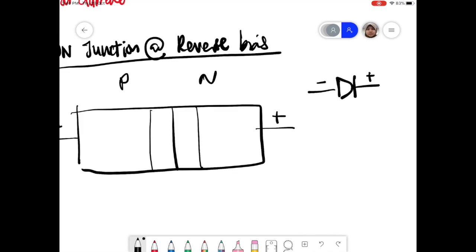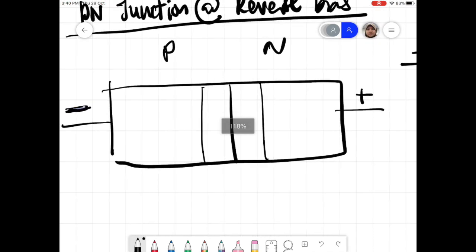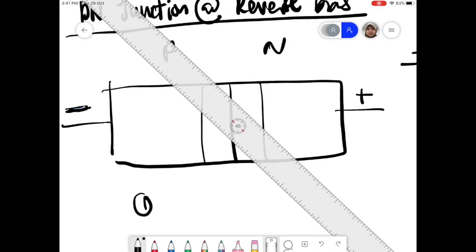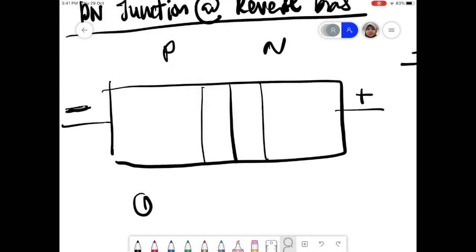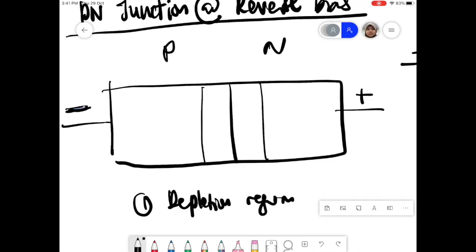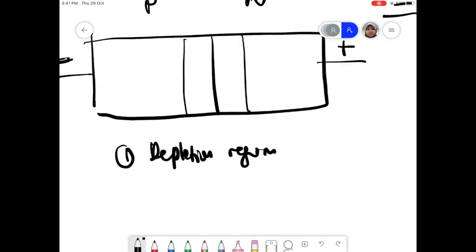So that's a reverse bias. So when that happens, the depletion region increases.